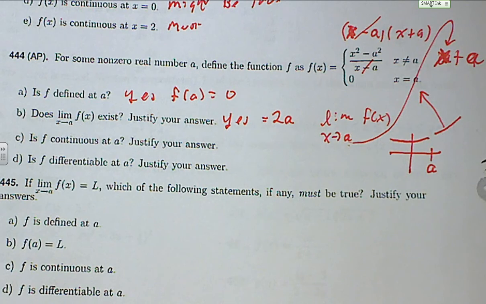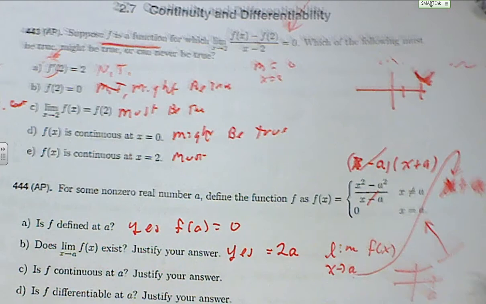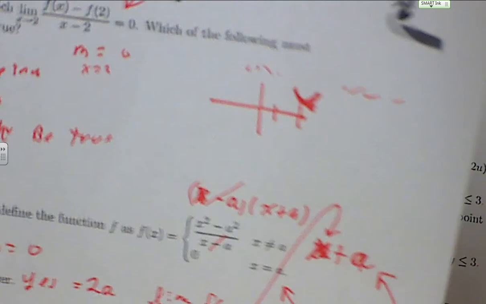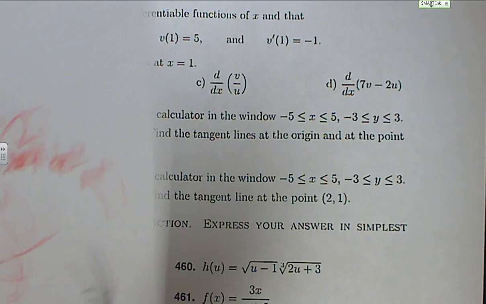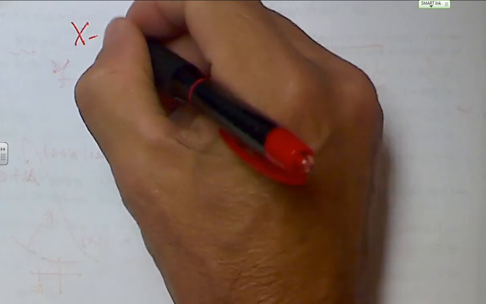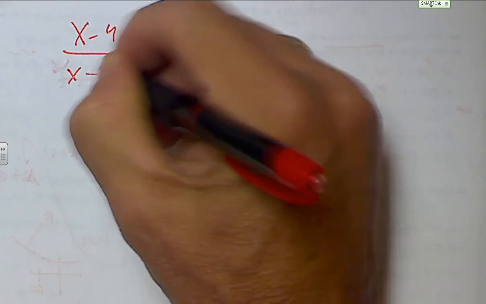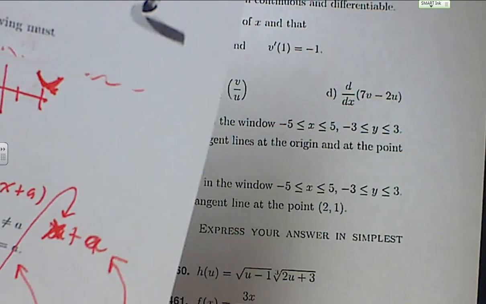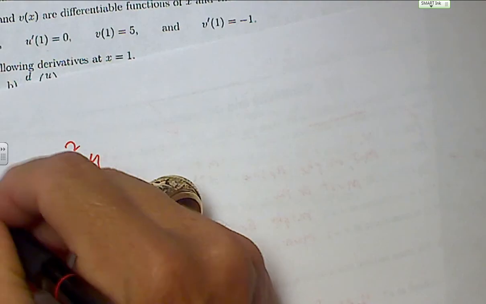That's why I said you need to factor this thing out first, okay? Always factor it out, cross out. I'm sorry, I just really don't understand the 2A. Okay, so if I asked you, what if I gave you x squared minus 4 over x minus 2, and I ask you, what is the limit as x approaches 2?